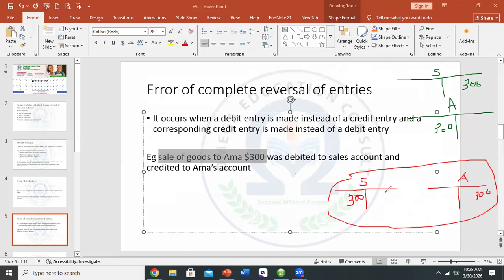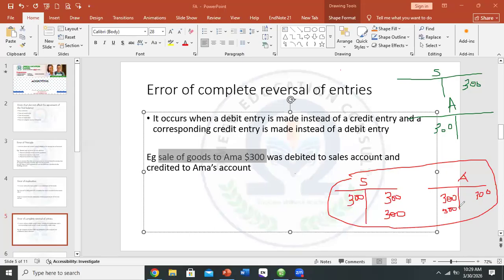So you mean that we should first credit sales 300 and debit Amma 300. So when we do that, it will remove the reversal, and then we can now credit sales 300 and debit Amma 300, right?